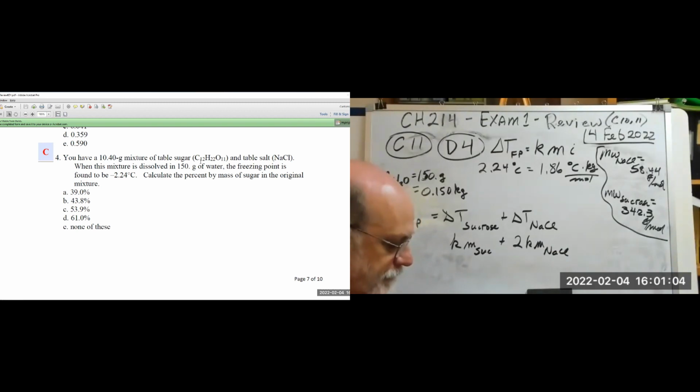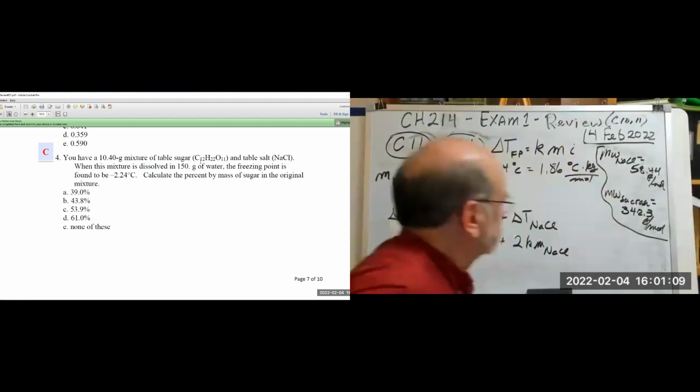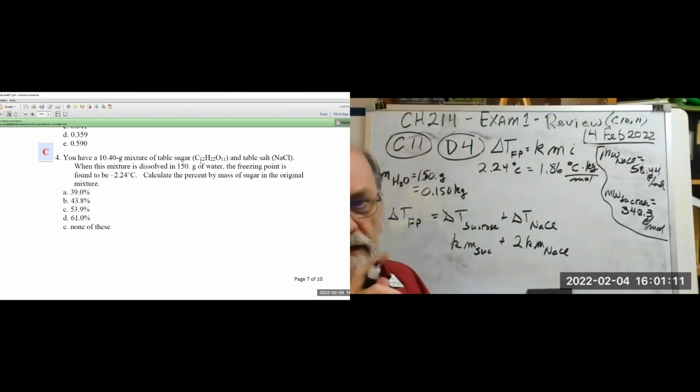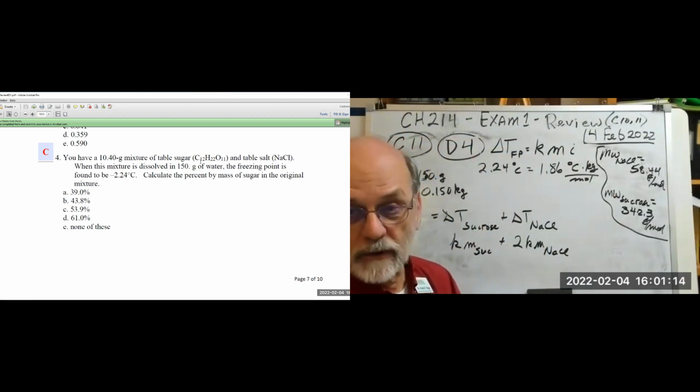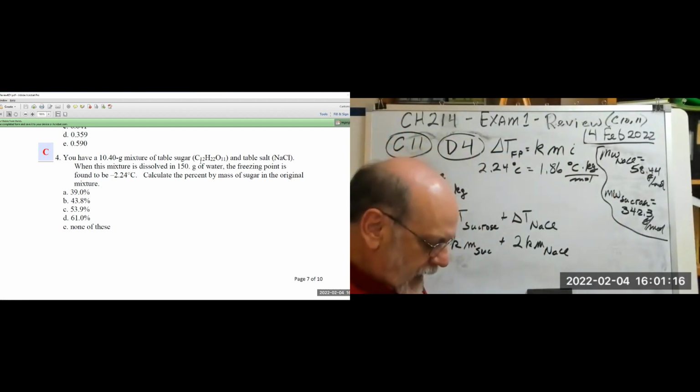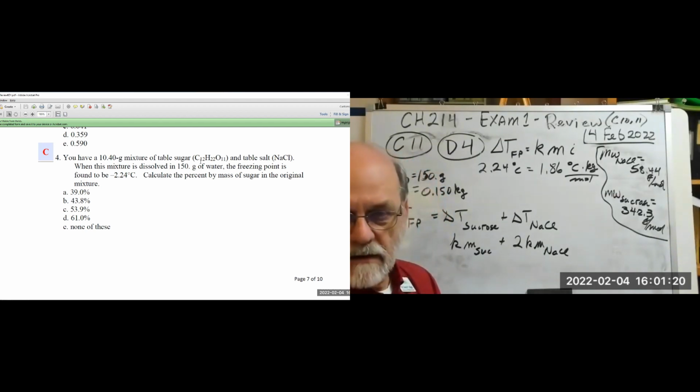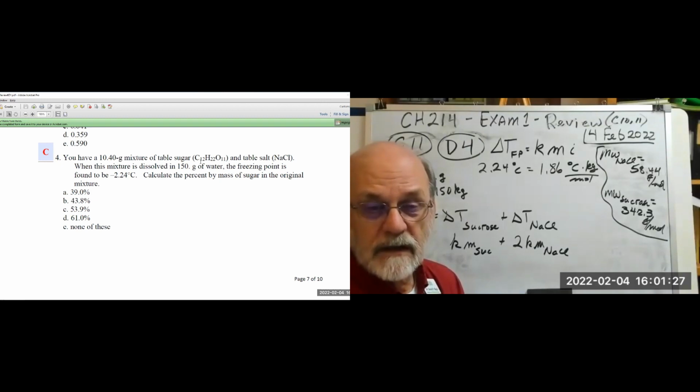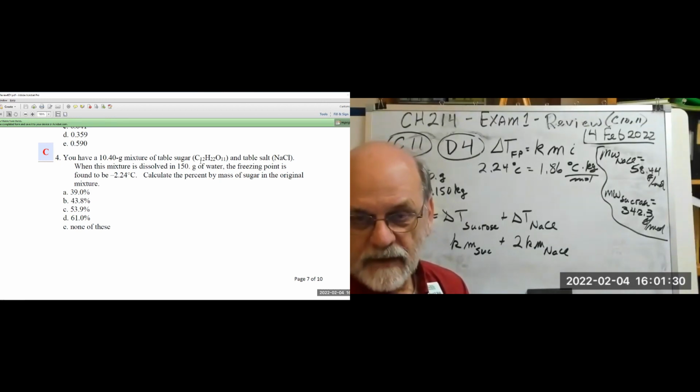All right. So we're going to have to use a little algebra here. 10.4 grams is the total. And what we're trying to get at is the mass percent of sucrose. So if we know the total is going to be 10.4 grams, then let's let X equal the mass of sucrose or table sugar.